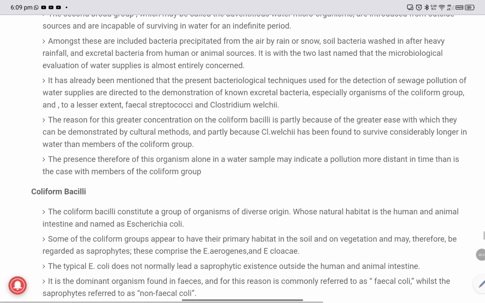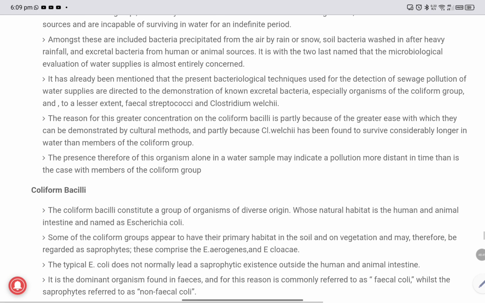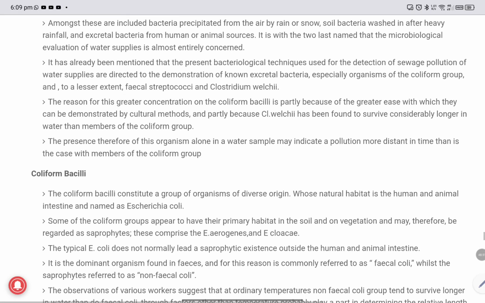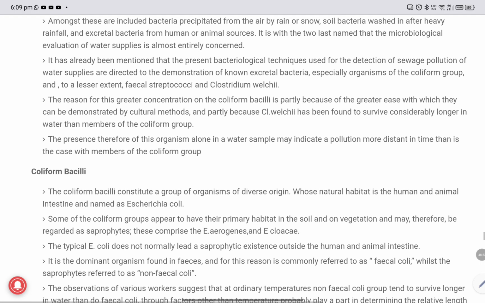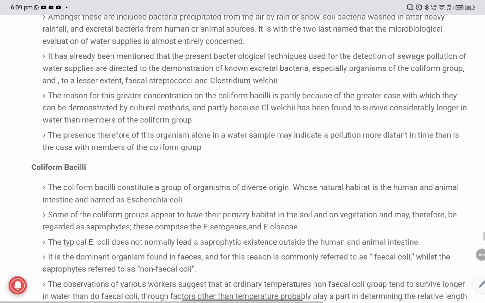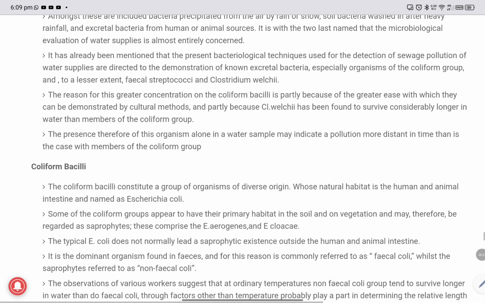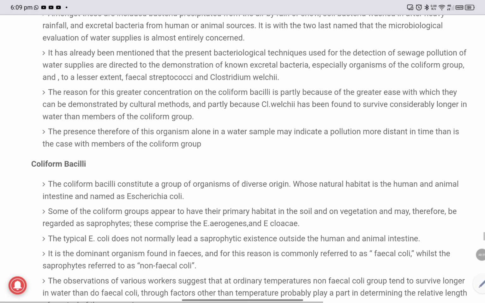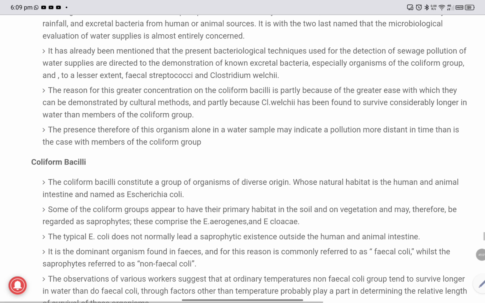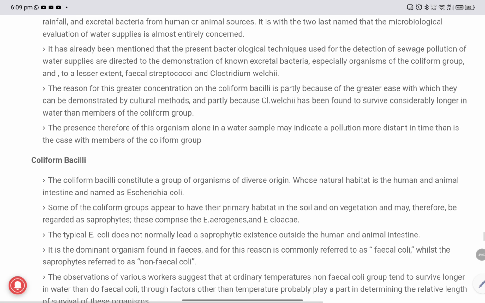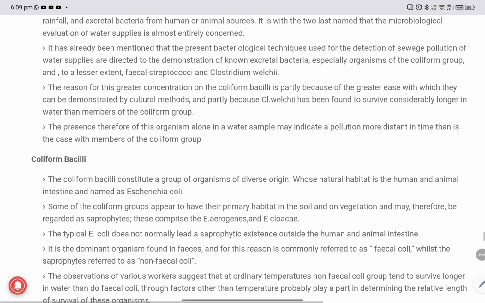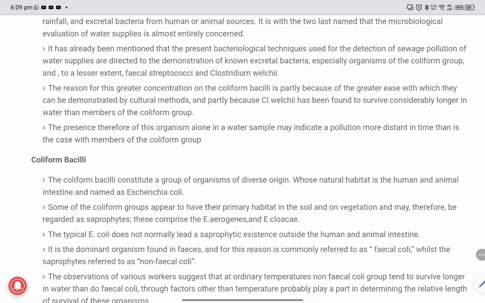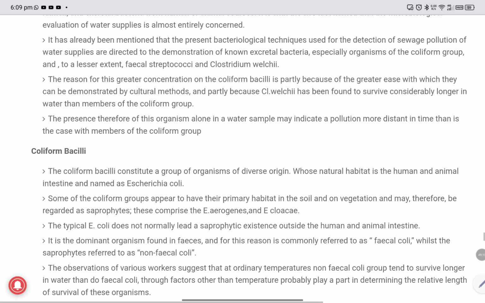It has already been mentioned that the present bacteriological techniques used for the detection of sewage pollution of water supplies are directed to the demonstration of excretal bacteria, especially organisms of the coliform group, and to a lesser extent fecal streptococci and Clostridium welchii.